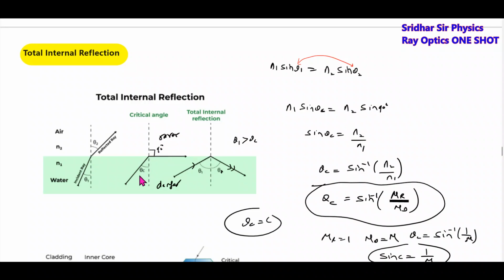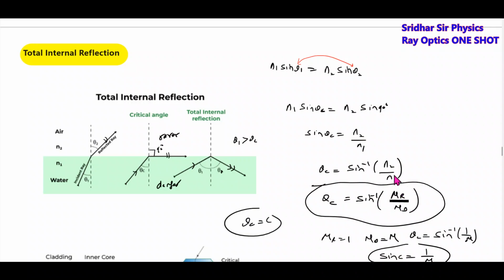The angle of incidence at which the refracted ray grazes the boundary, I'll call it the critical angle. So N1 sine theta c is equal to N2 sine 90. So sine of critical angle equals N2 by N1. Critical angle equals sine inverse of N2 by N1.